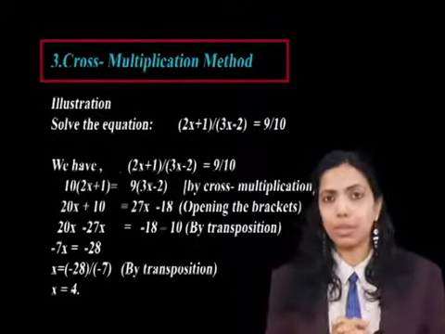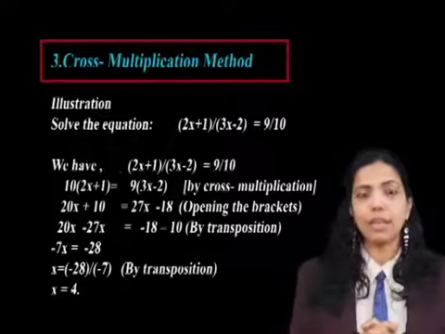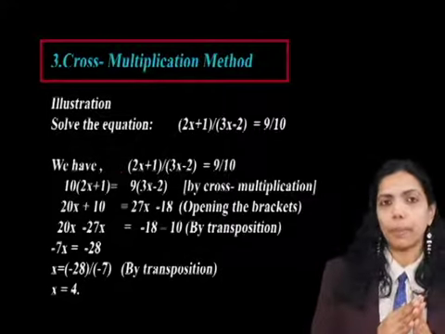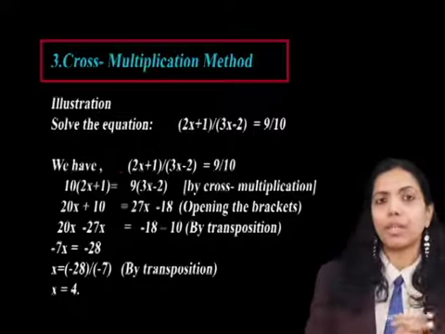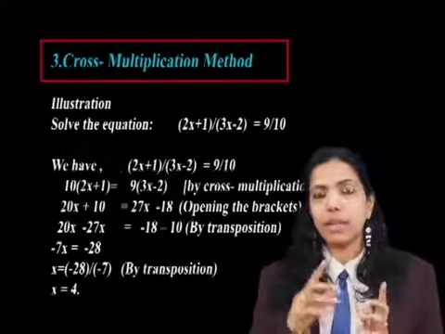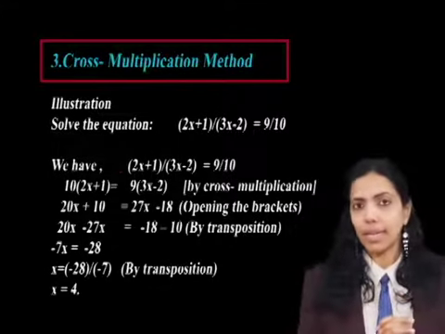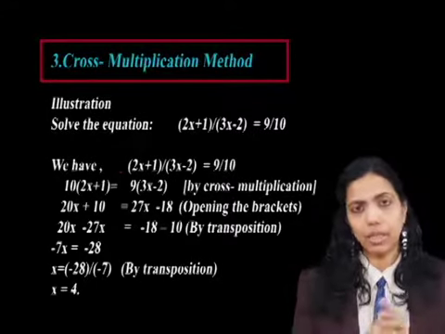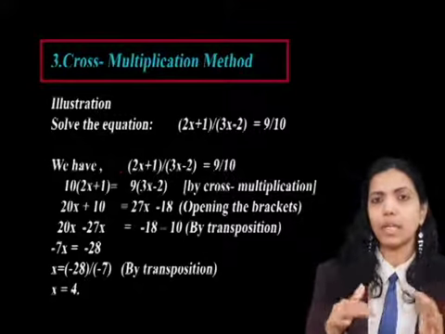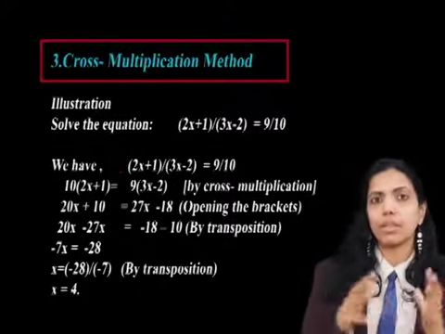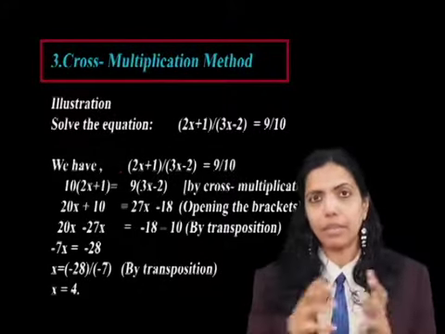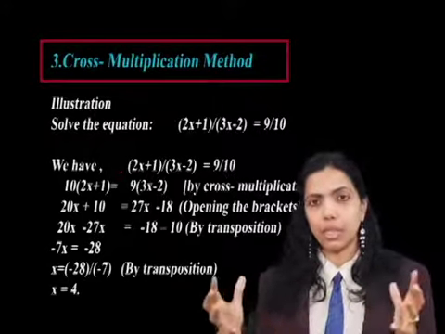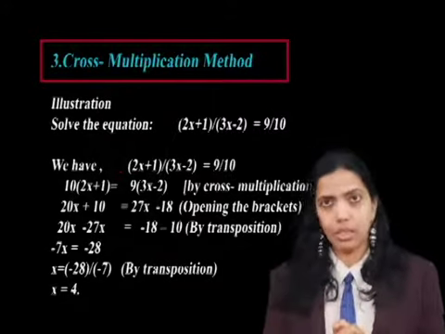Definitely we have to go for the cross multiplication method. In this case, we are going to multiply the numerator on the left hand side by the denominator on the right hand side. That is 10 multiplied by (2x plus 1). After that, equate with 9 multiplied by (3x minus 2).